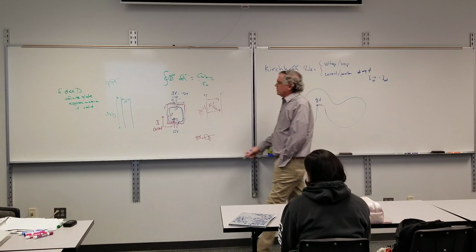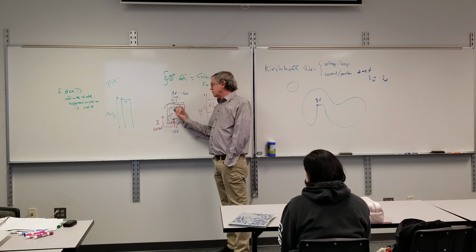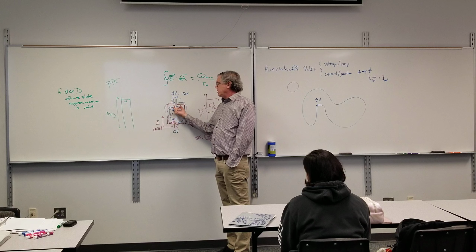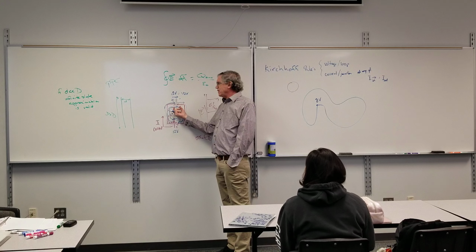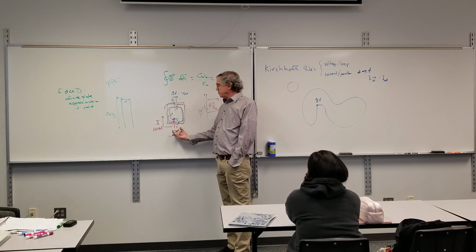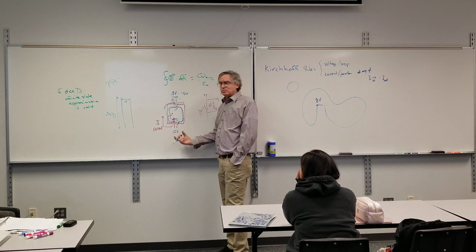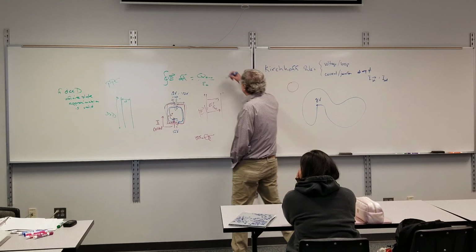So as long as I'm hooked up to a battery, if I just have a simple circuit, just a single capacitor hooked to a battery, that voltage is set. No matter what else I do, that voltage is set by the battery. So it's something to keep in mind.